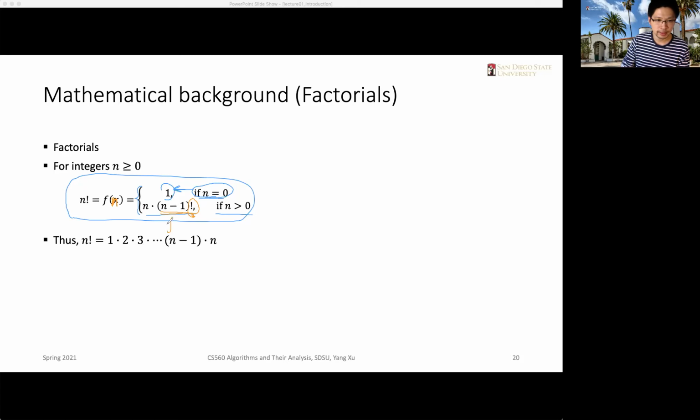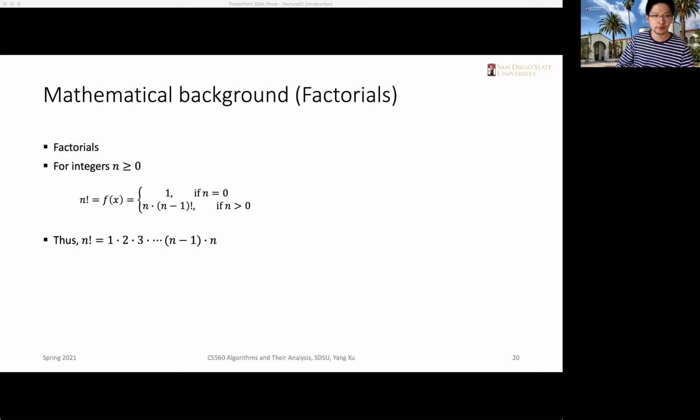I think there's a typo: why is it fx? It should be n here, because the input is n. I will fix that later. So within this case, we are calling the factorial function again, and we can write it as f(n minus 1) times n. Within the definition of factorial, we are calling the factorial itself again. This is what we call recursive in computer science.